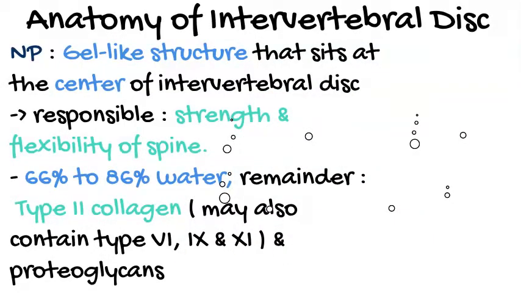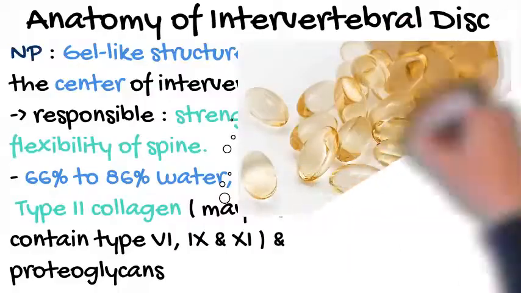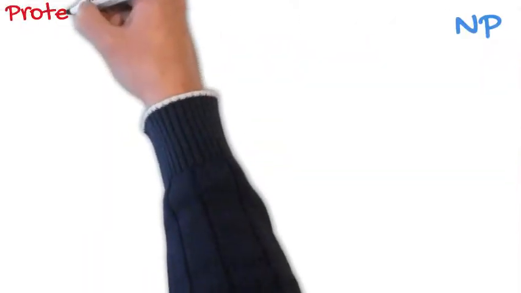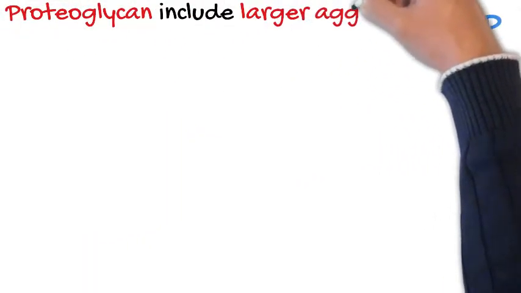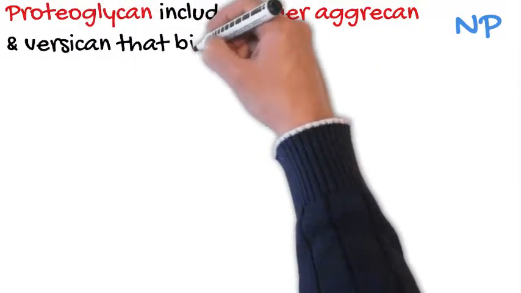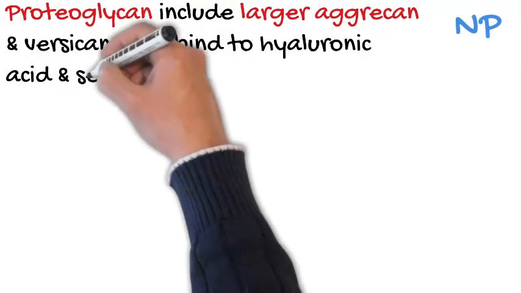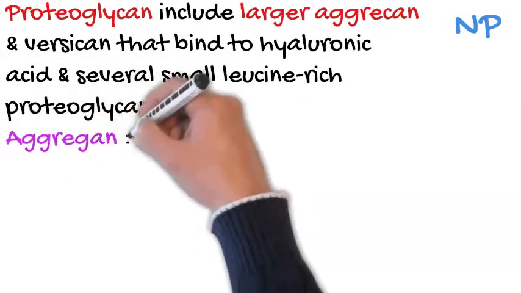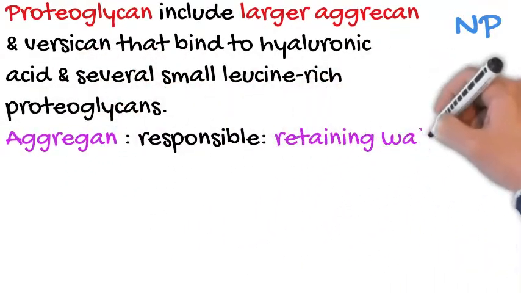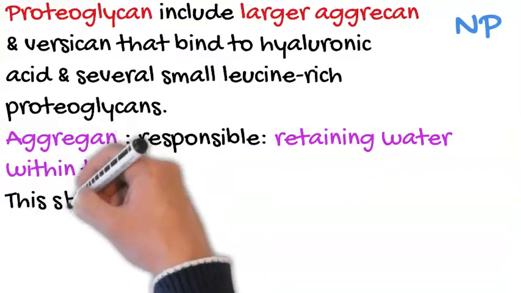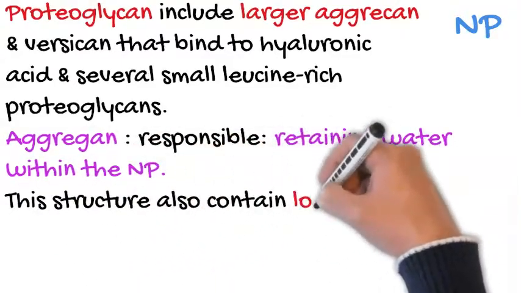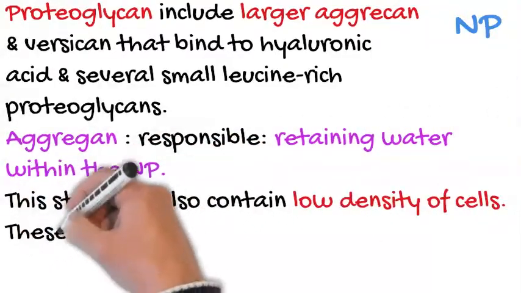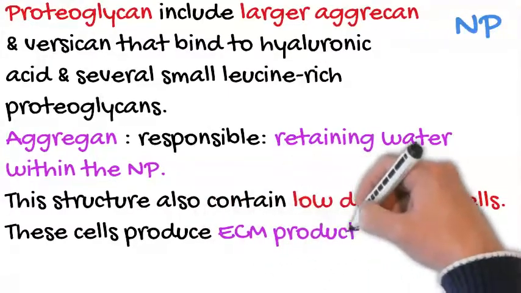Nucleus pulposus may also contain type 4, type 5, and type 6, along with proteoglycan. The proteoglycans include the larger aggrecan and versican that bind to hyaluronic acid, and several small leucine-rich proteoglycans. Aggrecan is largely responsible for retaining water within the nucleus pulposus.